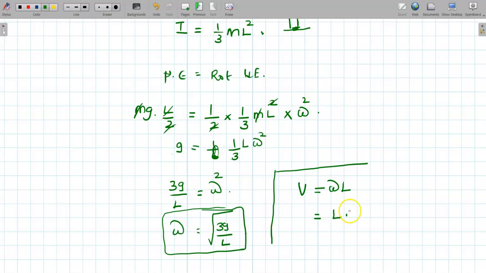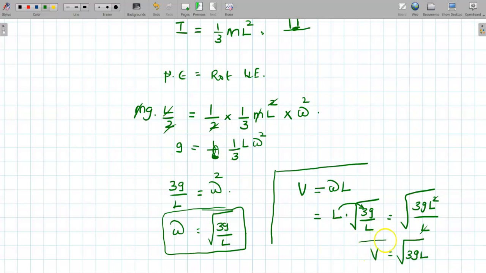So write L here and then put in the value of omega, square root of 3g over L. When you take L inside, it becomes L square over L, and L cancels. The answer is square root of 3gL. So this is the formula to find the linear speed when the ruler hits the ground.